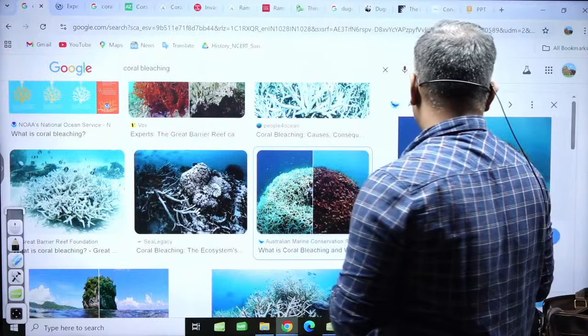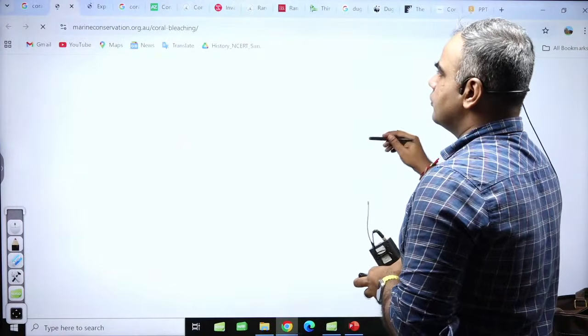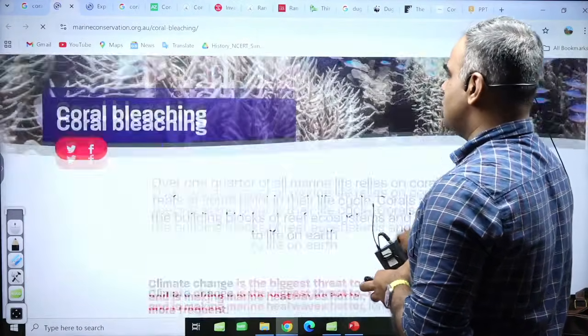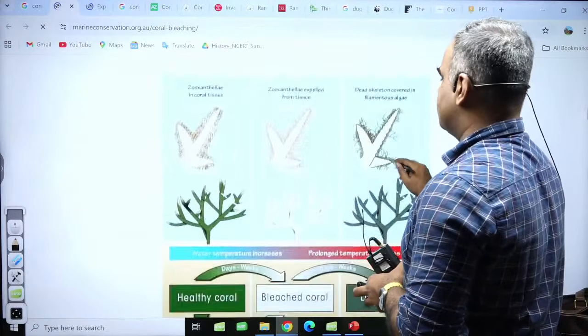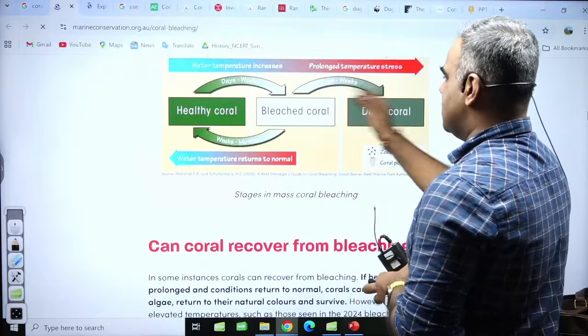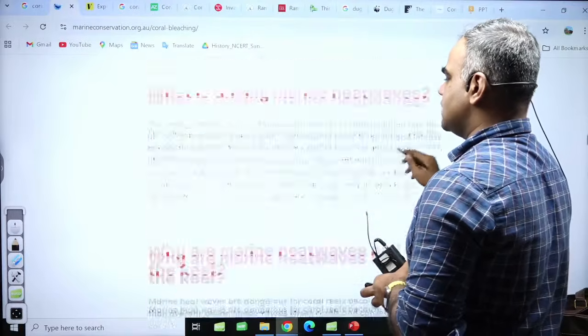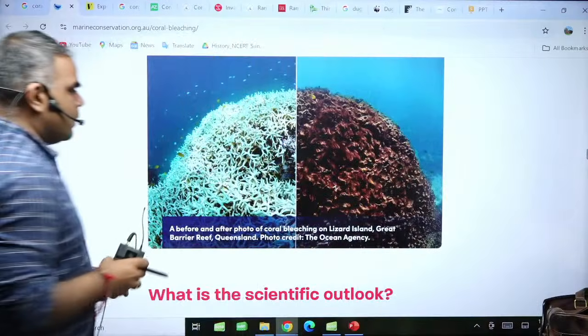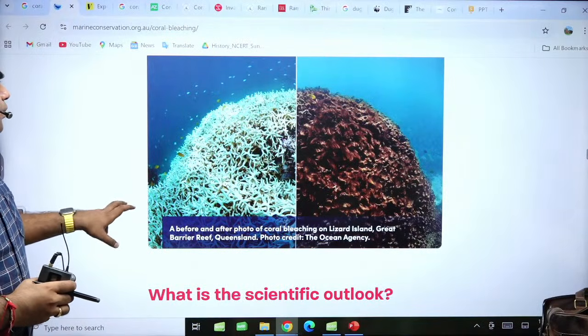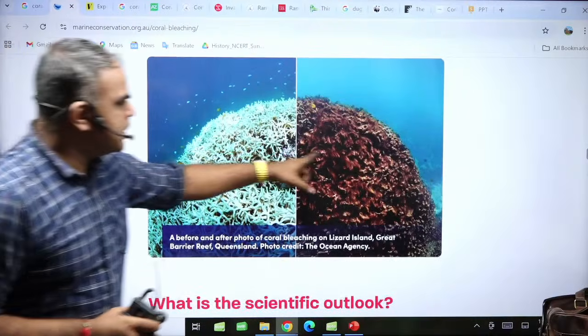So all the color they will be losing. Healthy coral, bleached coral, dead coral. This also we'll understand as we move along. This is what I want to show. Before and after, how they become ultimately bleached.